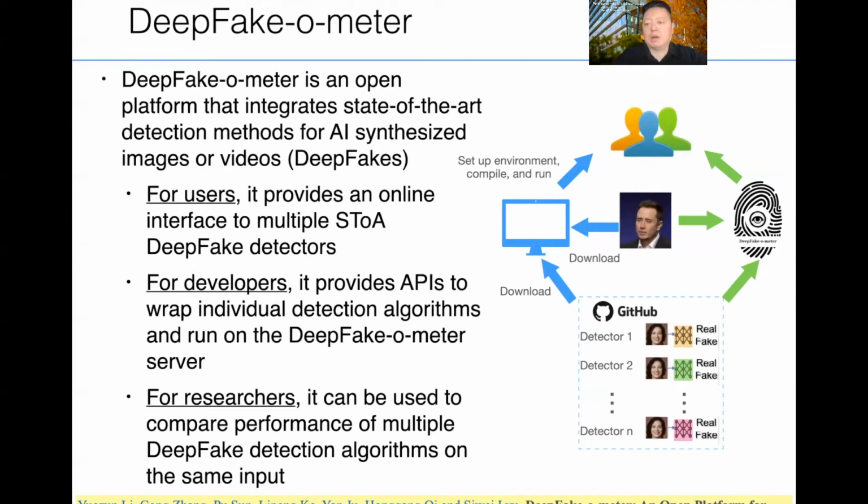These algorithms are incorporated into the platform using a set of lightweight API wrappers. So for developers of deepfake detection algorithms, this platform provides an API architecture to wrap individual algorithms and provide the possibility of running them as a service on a remote server.